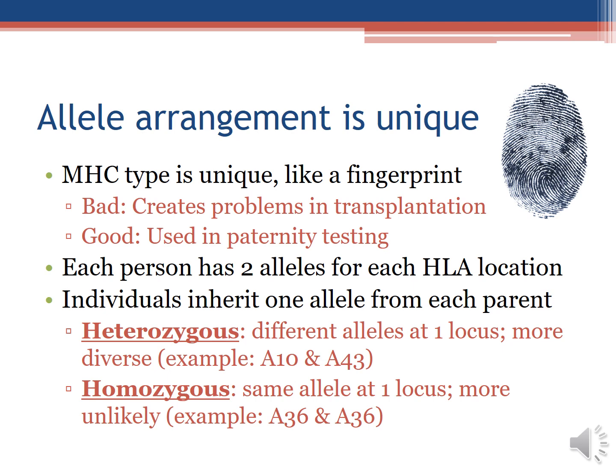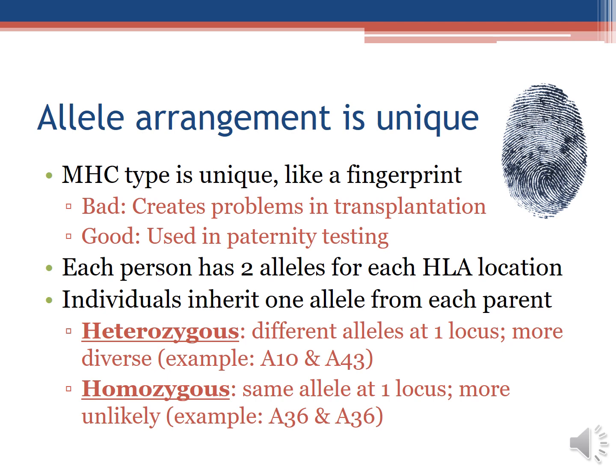For now, each person has 2 alleles for each HLA location. We inherit 1 allele from our dad and 1 allele from our mom. If we have different alleles at one locus, as an example, A10 and A43, so we inherited A10 from our dad and A43 from our mom, then we would consider this to be a heterozygous allele.